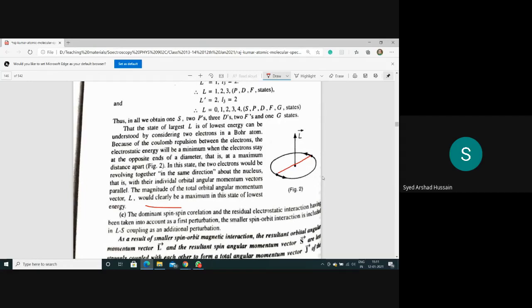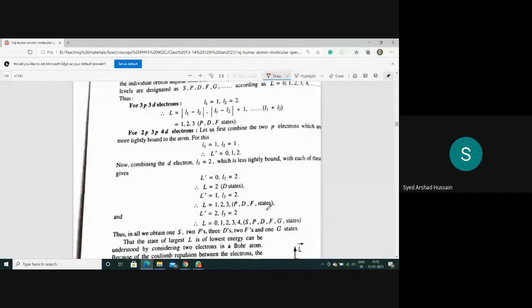In that case, energy will be minimum because it's a stable system. And here you see the directions will be along the tangent of the circle here and here also. So it's the same direction. Okay, in that case, L will be maximum, but energy is minimum. So when you have a capital L value more than 1 due to interaction of different small l's, always remember the highest L value will lie lowest.